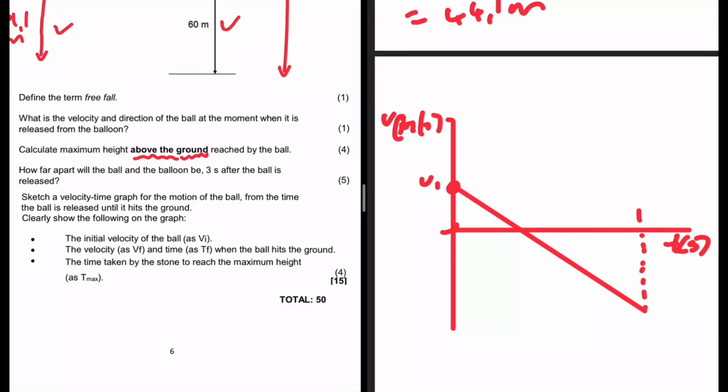That is the time at which it strikes the ground, and this is Vf, the velocity at which it strikes the ground. So here I'm going to have V, t max, the time at which it reaches maximum height. Okay, I think I have all that I need now. There's no instruction that restricts us from taking up as positive or down as positive, so even if you do it the other way around, you should be fine.